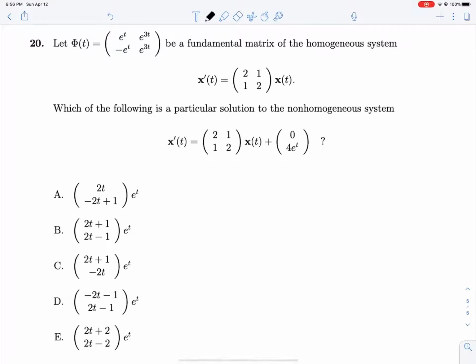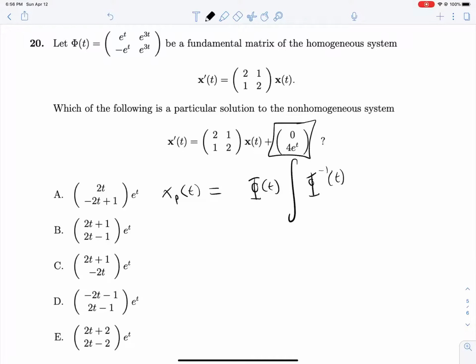So xp of t, when we're dealing with a fundamental matrix here, is given by phi of t times the integral of phi to the negative 1 of t times this function here that we have added on.